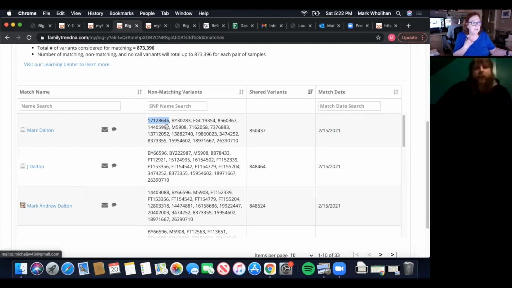Let's just use a theoretical here. Can you see this one that's highlighted?